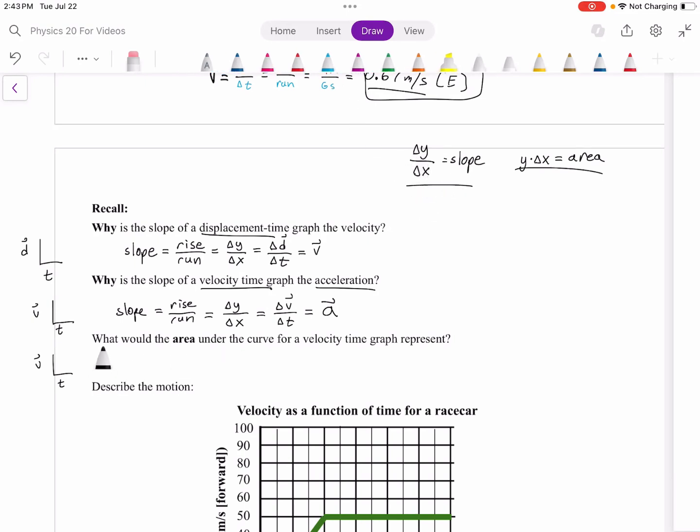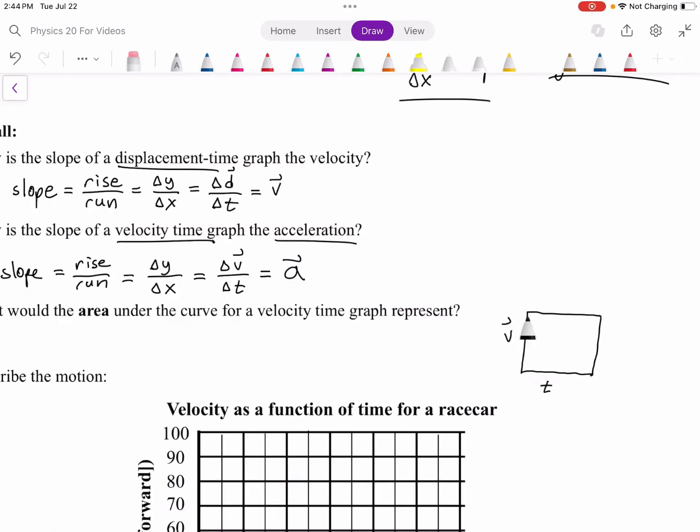Okay, it's asking us now, what would the area under the curve for a velocity time graph represent? So if we were in math class and I gave you this rectangle and I asked you to find its area, what would you do? Well, you'd multiply the two dimensions together, right? You'd do velocity times time. Now, apply that to the idea of a graph, a velocity time graph, right?